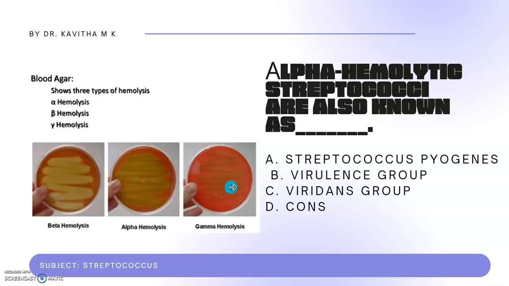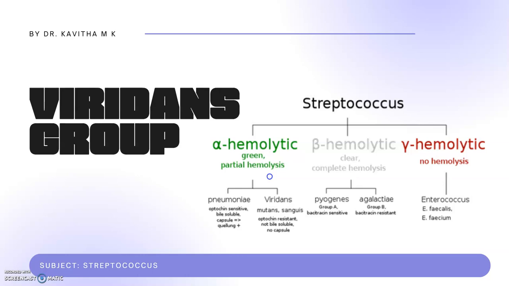So among streptococci, alpha hemolytic streptococci are also known as which of these? Streptococcus pyogenes, virulence group, viridans group or cones? And the answer is, it is viridans group. So you can see streptococci are classified into alpha hemolytic, beta hemolytic or gamma hemolytic.